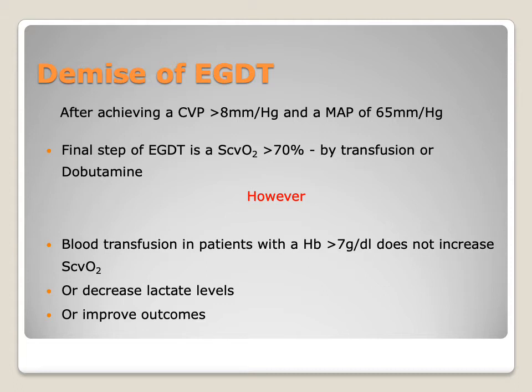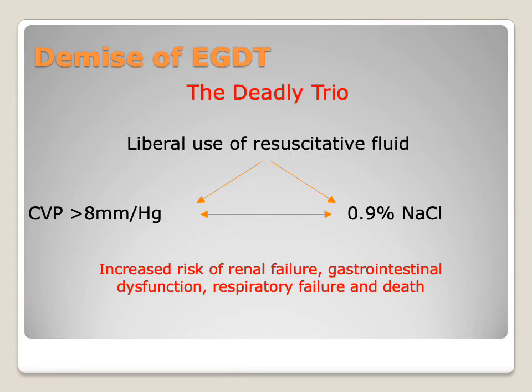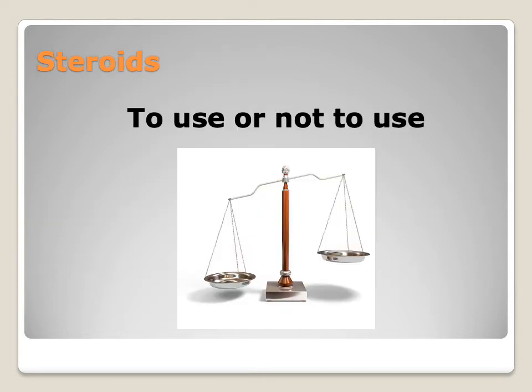However, blood transfusion in patients with hemoglobin more than 7 does not increase the central venous oxygen saturation or decrease the lactate level or improve the outcomes. Eventually, this led to a deadly trial shown here, and this increased the risk for renal failure, gastrointestinal dysfunction, and respiratory failure, and eventually death.